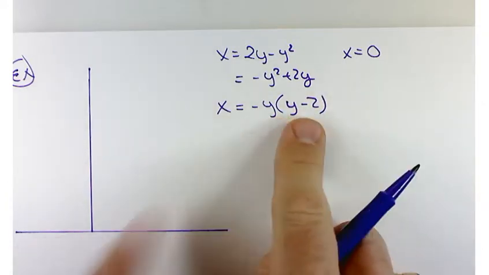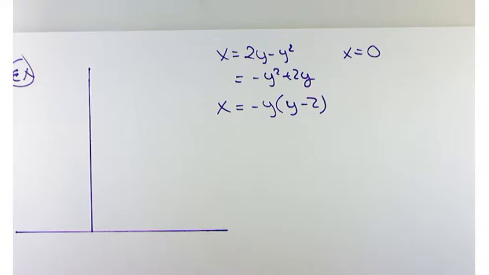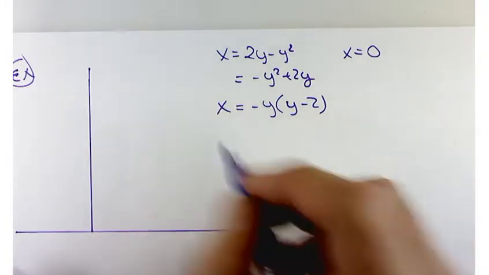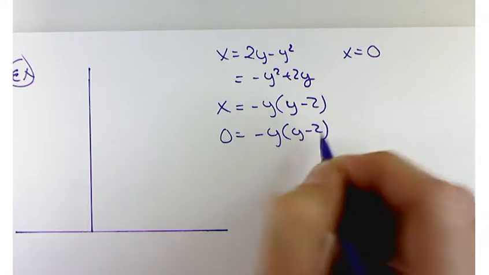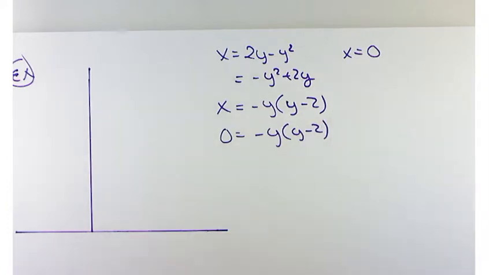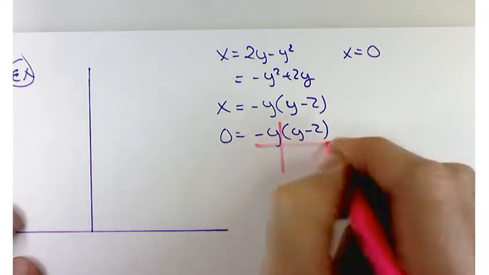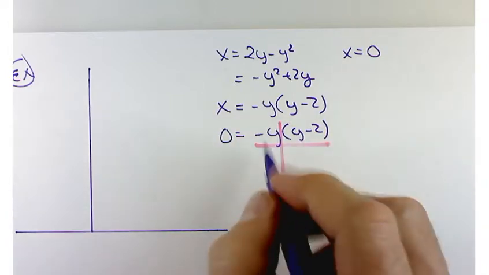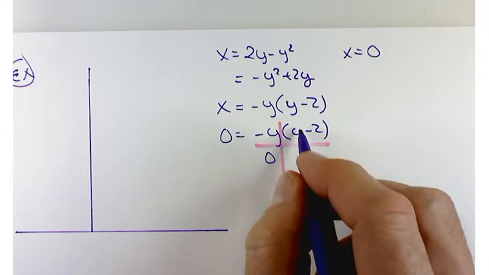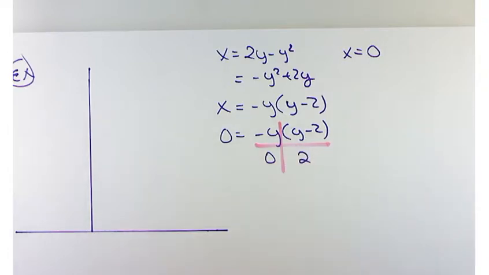And now I can kind of see where this graph is going to cross the y-axis. You're going to cross the y-axis when x equals 0. So, what values of y will make this product 0? 0 and 2 for y. So 0 and 2 for y.